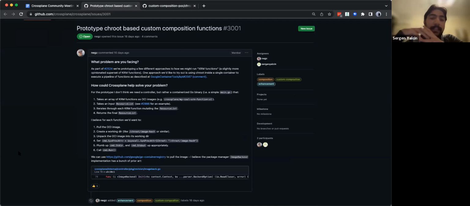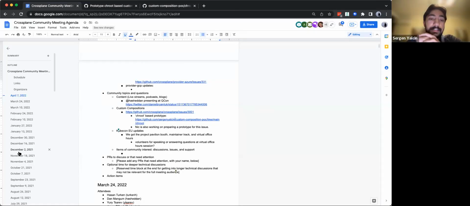So I hope that in the next meeting, we will discuss the details about this one. As I said, there are two options for running the KRM functions, via init containers or the chroot based runner. We will discuss the advantages and disadvantages, and we will try to decide the next steps about this one and the general topic of the custom compositions.